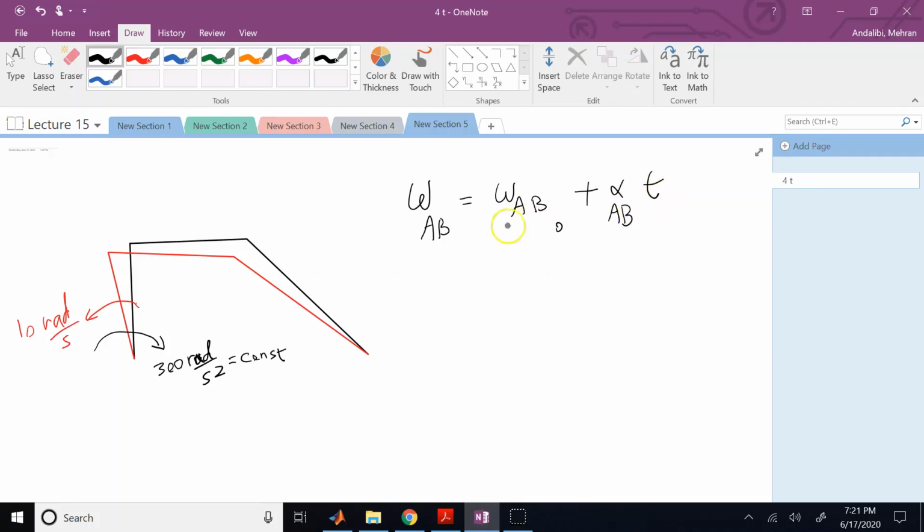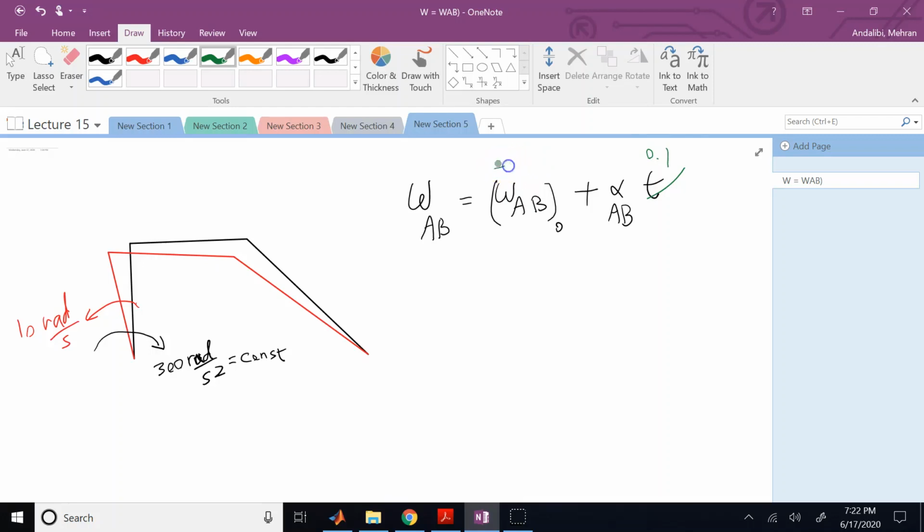So when t is non-zero, your omega AB will change from its initial value of 10. Do you think it's going to get bigger or smaller? Smaller, you're right.